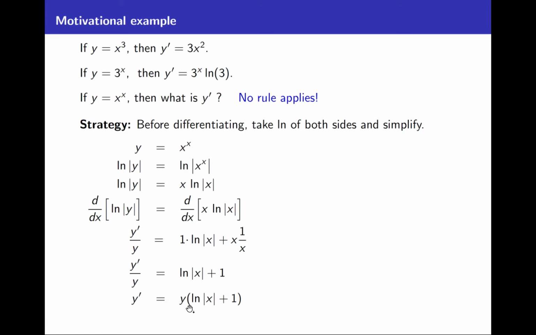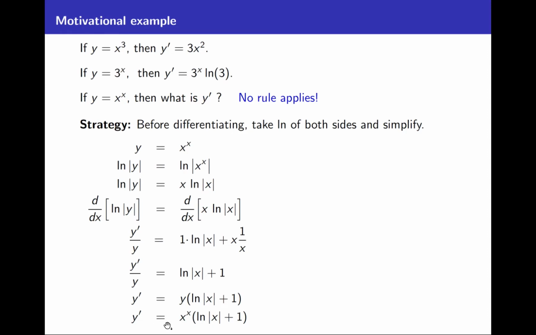But notice we have both x's and y's over here. We need to get all x's. What do we do? Well, remember that the y is x to the power of x. So we can replace this y with x to the power of x. And we've got our derivative.